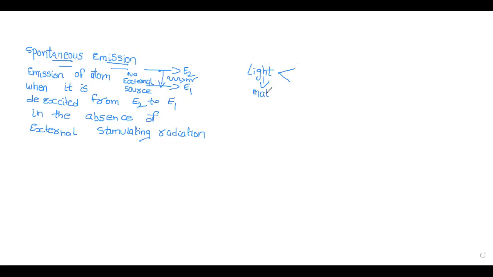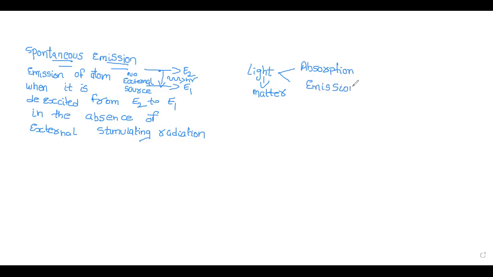Remember that when I say matter, it consists of atoms. As the light is interacting with the matter, there are two possibilities. Either light radiation will be absorbed, so absorption is possible, or there is a possibility of emission.